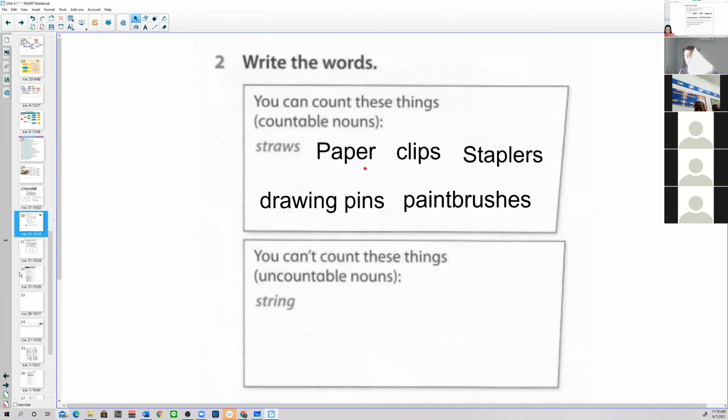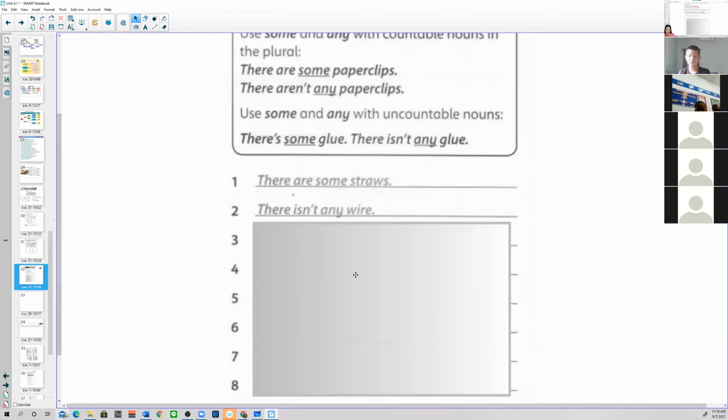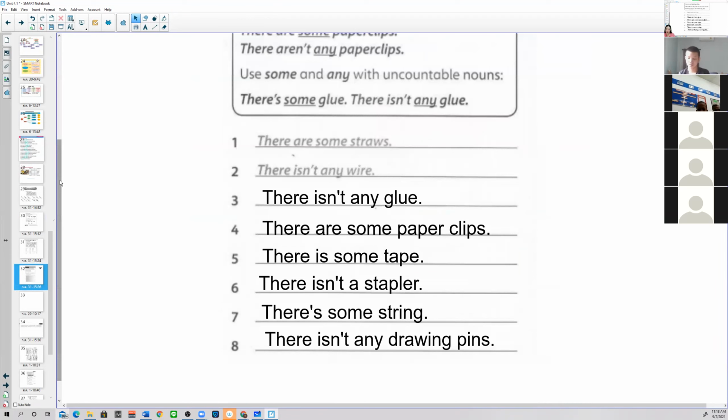And I had you write down all the sentences, how to use there is, they are, and using some, using any, using a, right? For example, this one is negative form, but we're using a because stapler is countable, right?